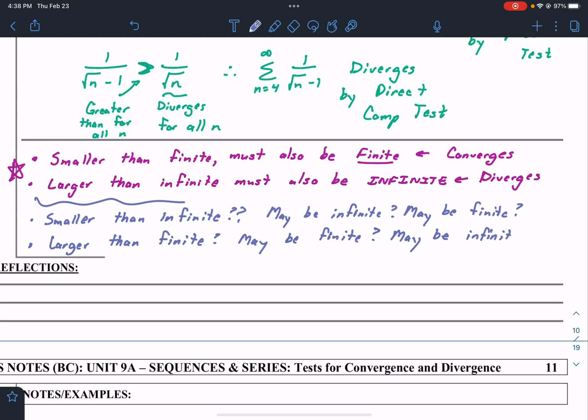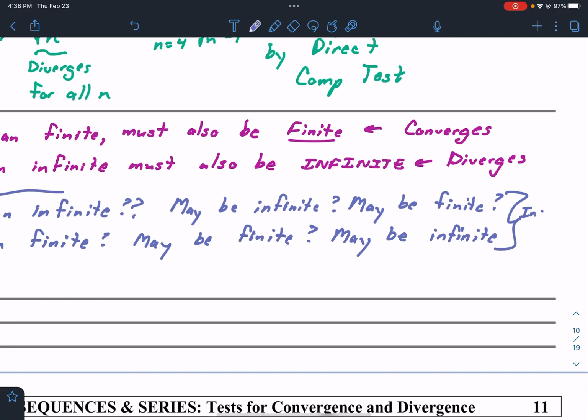In situations where you try to use direct comparison test, but this is the result that you get, this is inconclusive. So let's zoom in a little bit. Inconclusive. You would have to do another test if you started down this track and ended up with one of these two situations. You would have to say, well, this test didn't work. I'm going to have to use another test in order to determine whether or not the series converges or diverges.